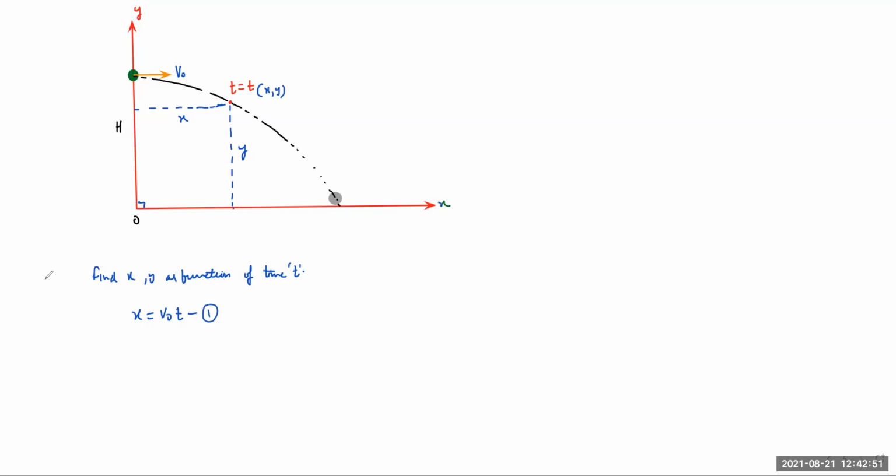Sir, here uy will be 0. So minus h equals minus half g t square. So you're not at the bottom. You're at some random point. So you need to write displacement. You're not getting the point. How do we write displacement? Final minus initial. Are you writing that? No.